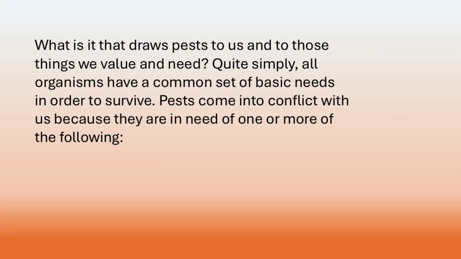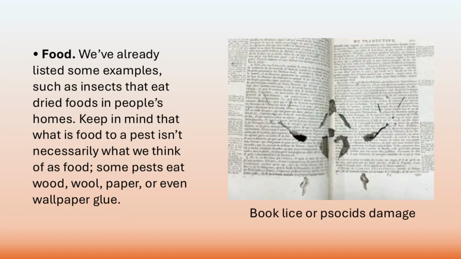What is it that draws pests to us and to those things we value and need? Quite simply, all organisms have a common set of basic needs in order to survive. Pests come into conflict with us because they are in need of one or more of the following. Food.